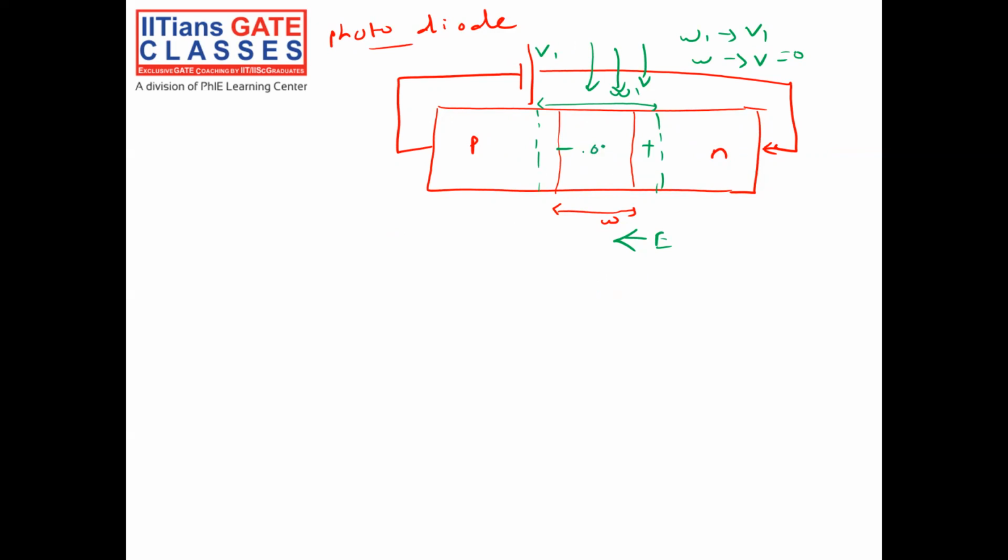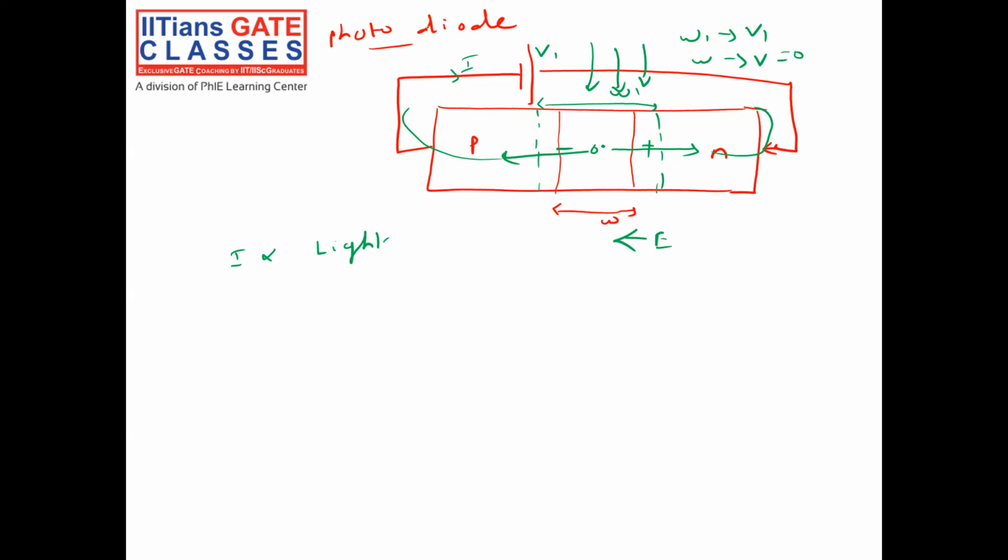The electric field will push the hole towards the left side and the electron to the right side, and there will be a current I flowing through the circuit. This I is proportional to the amount of light. Depending upon light intensity, I will vary, because the more the intensity, the more bonds it will break, the more the carriers, and the more the current.